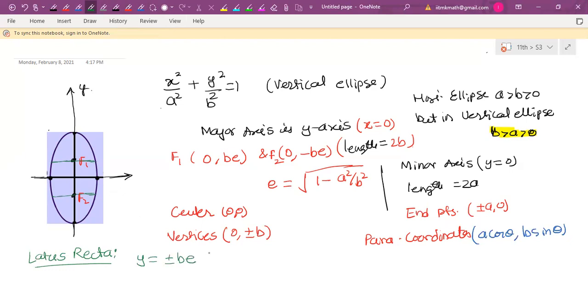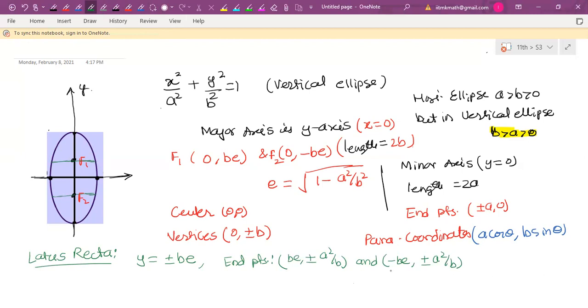And the endpoints of these latus recta will be, for the first one, be comma plus minus a square upon b, and minus be comma plus minus a square upon b.